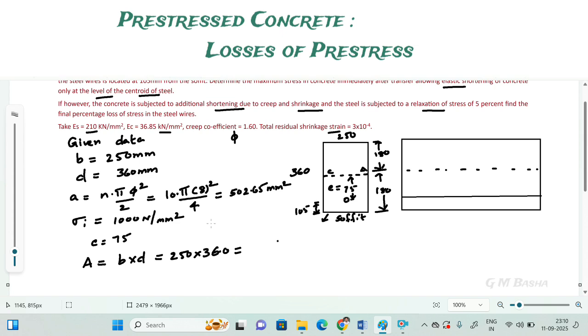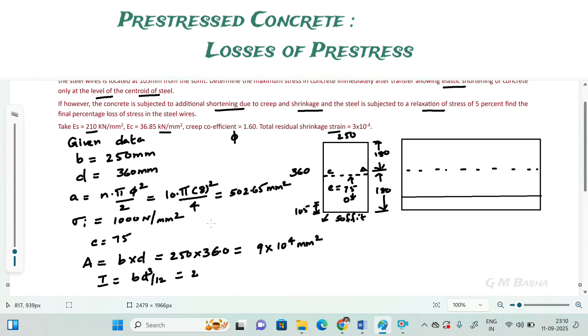Okay. So how much you will get? Simplify that one. You will get 9 into 10 to the power of 4. Area will be in terms of mm square. So remaining things for rectangular section, the moment of inertia, what is the formula? I equal to BD cube by 12.